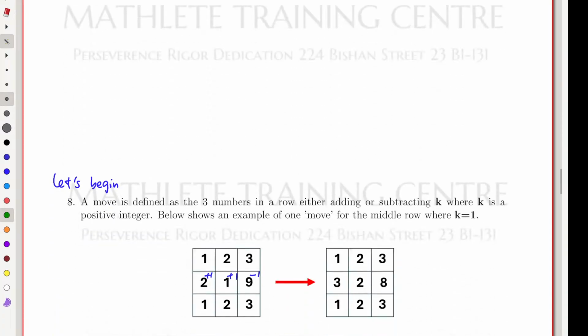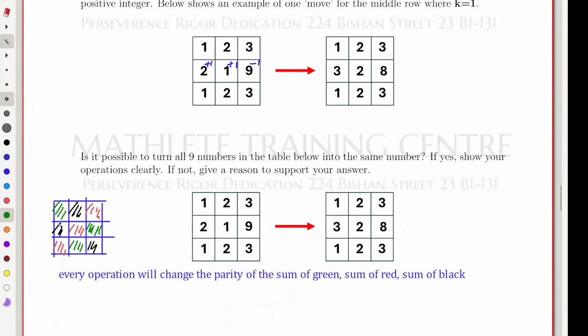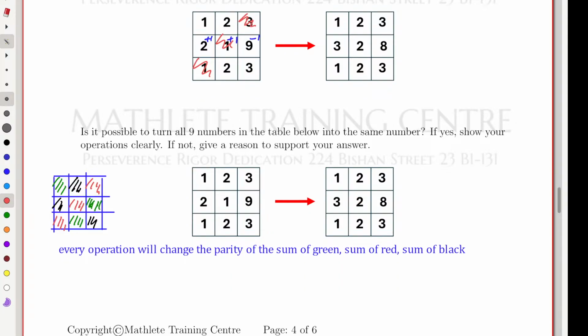Then if you do it for the one that's here, here, and here, the same thing will happen. If you change by plus 1 the one in the red color, you change the parity of the one in red color as well. Okay, so every operation will change the parity of the sum of green, sum of red, and sum of black.